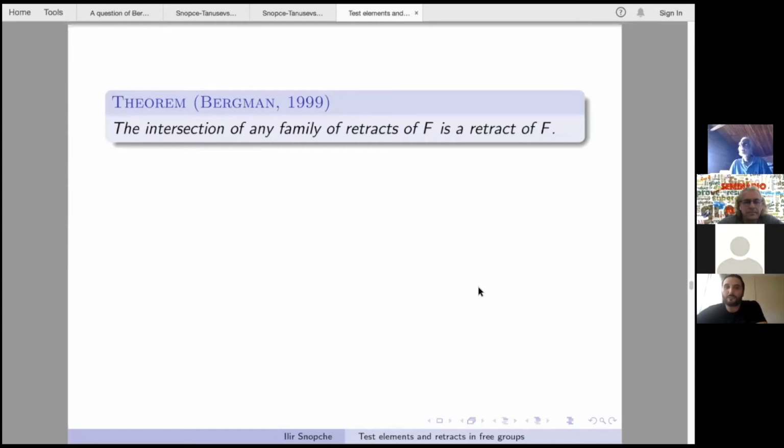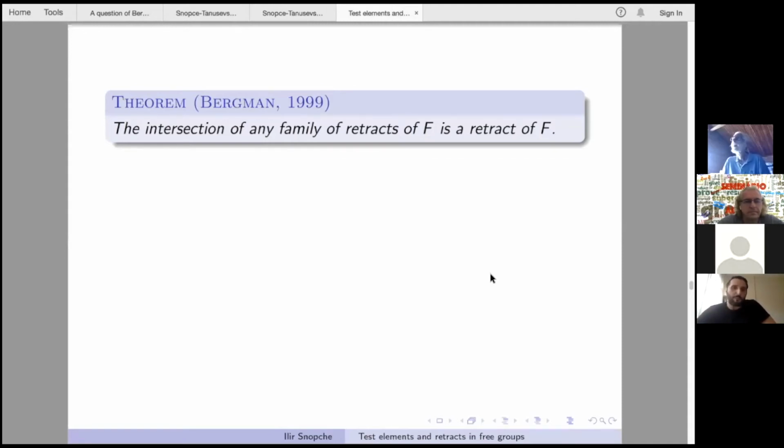In the beginning, I asked whether the intersection of two retracts is a retract, and this question was answered by Bergman. If you compare to the case of free factors, the intersection of free factors is a free factor, which is an exercise for graduate students in a course on combinatorial group theory. But here it's quite a deep result.